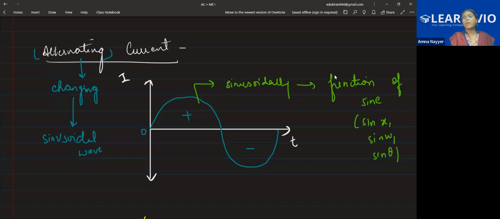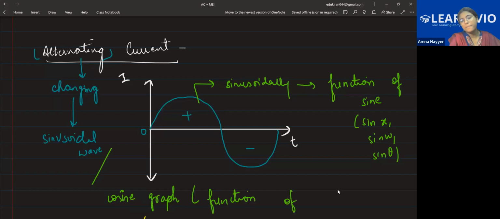That's exactly what alternating current is all about. Sinusoidal means changing with respect to time. It can vary in any manner, or it can be a cosine graph, meaning function of cos theta. Okay, write it till here.